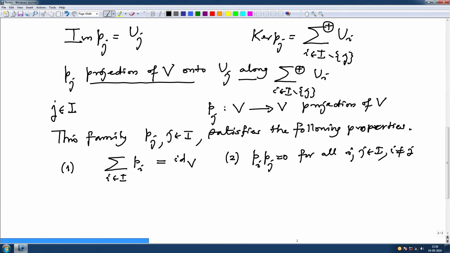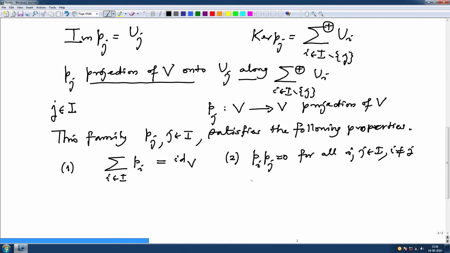The second is easy because you see Pj has image Uj and Pi has image Ui, but Pi will be 0 on the remaining part. So, it is 0, that is clear.